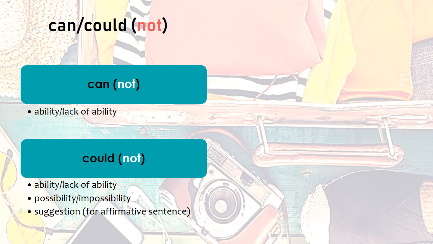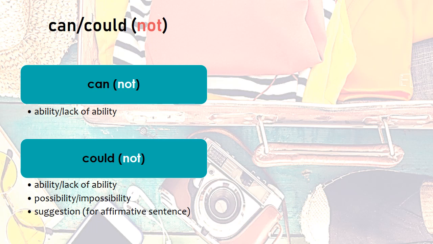Then, could for positive, for negative, could not or couldn't. The functions are to show ability or lack of ability, and then possibility or impossibility, and also for suggestion.